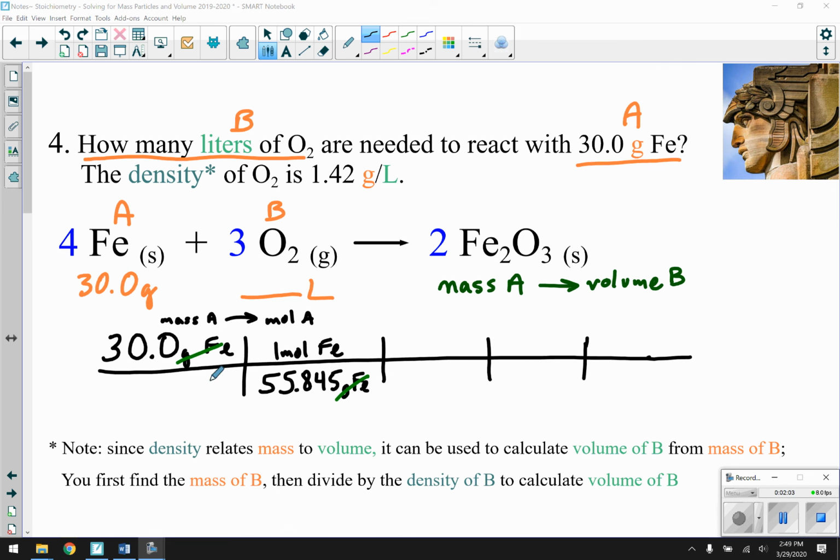Units of grams of iron cancel, and we're left with moles of A. Once again, once you have moles of A, you're going to use the magic mole ratio, the coefficient of B over the coefficient of A: 3 moles of oxygen for every 4 moles of iron. And that will leave us with units of moles of B.